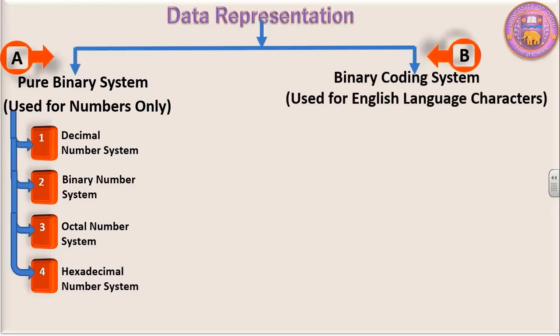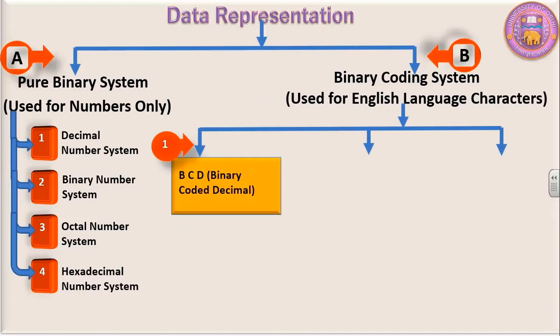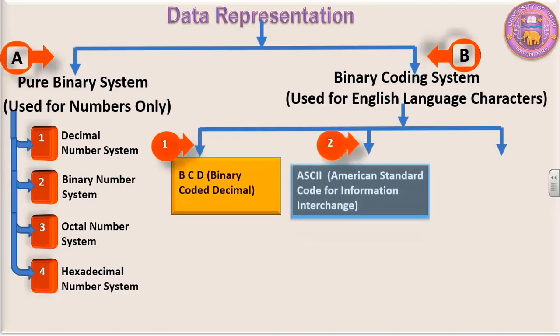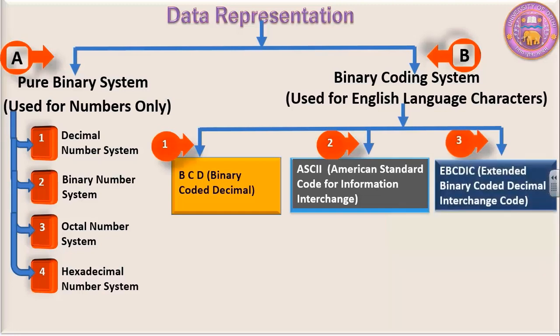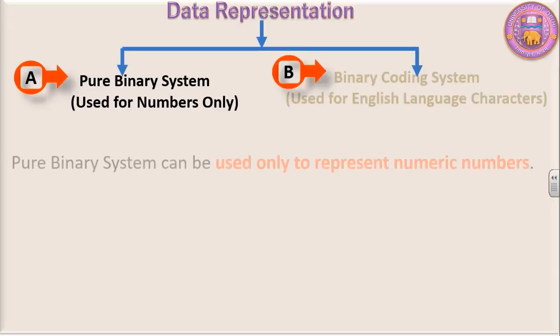On the other hand, we have binary coding system, which is used for English language characters, and it can be divided into three parts. The first one is BCD, binary coded decimal code. The second one is ASCII, American Standard Code for Information Interchange. The third one is EBCDIC, Extended Binary Coded Decimal Interchange Code.